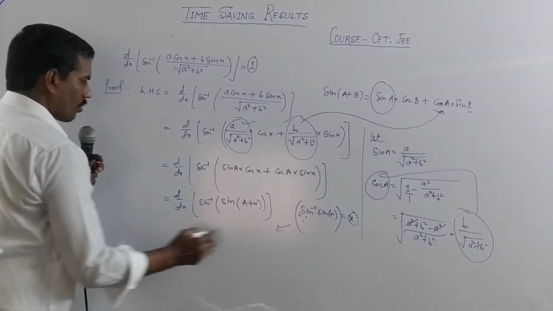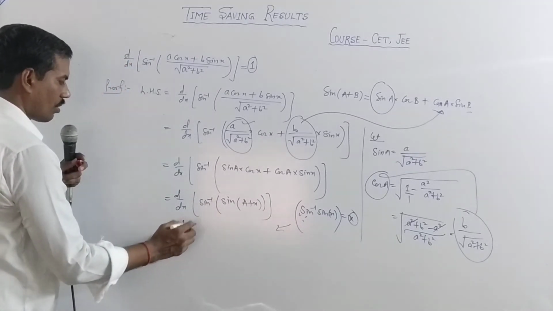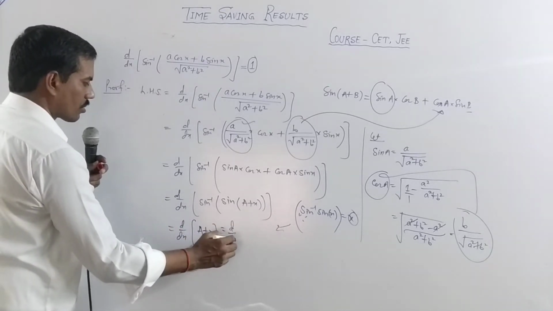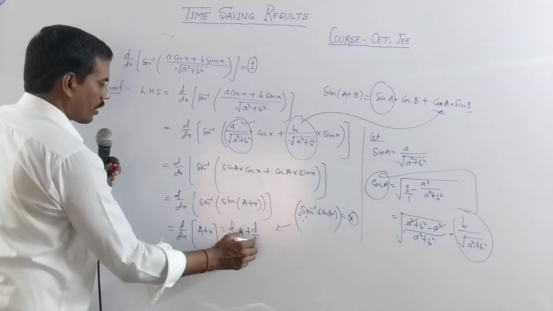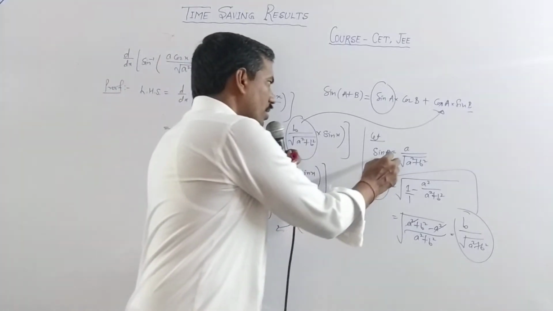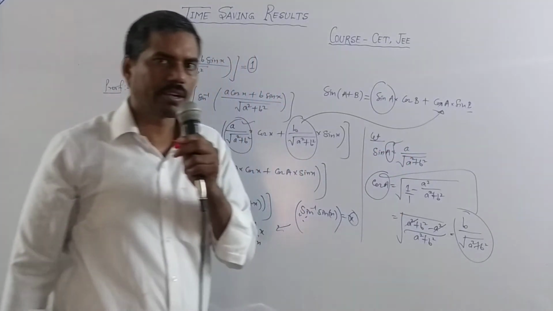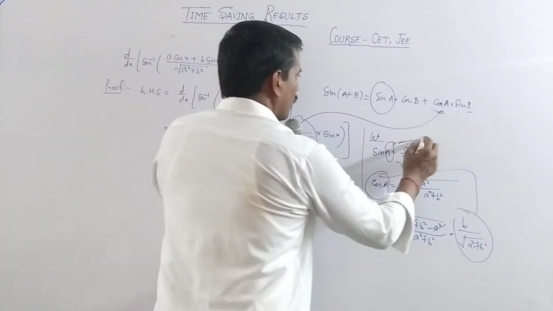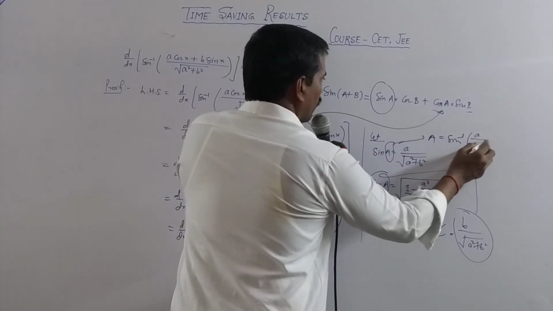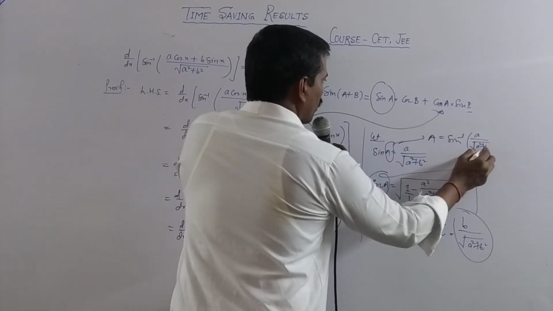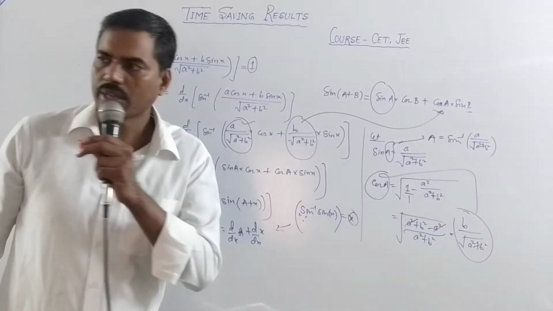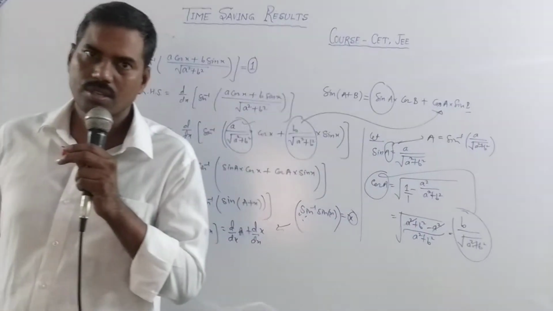From this we get d by dx of (a plus x), which is d by dx of a plus d by dx of x. Since a is a constant, here a is equal to sine inverse of a upon under root of a square plus b square, that is a constant function, and we know that the derivative of any constant is 0.